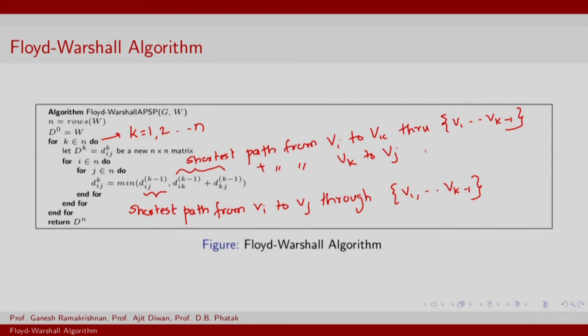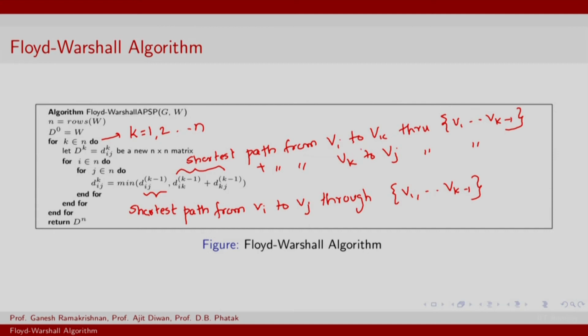This is again passing through one or more of these nodes. What are we saying? We are saying that the shortest path from vi to vj either passes through vk or does not pass through vk but the nodes v1 to vk minus 1.